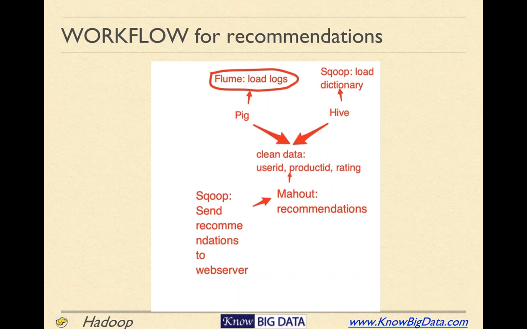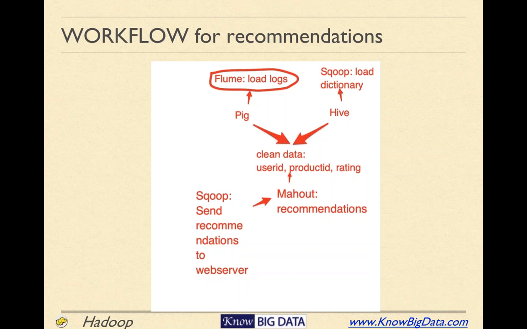So using Pig we can load Flume logs. First Flume gets executed, which is loading the logs, and then using Sqoop we loaded a dictionary file from somewhere, and then we combined the data and cleaned the data, and after we have cleaned the data we will feed it to Mahout and so on.